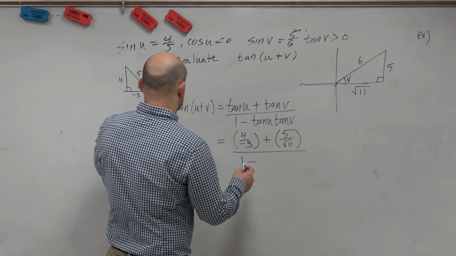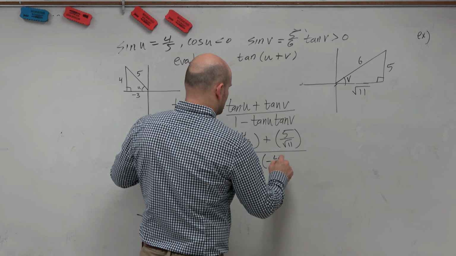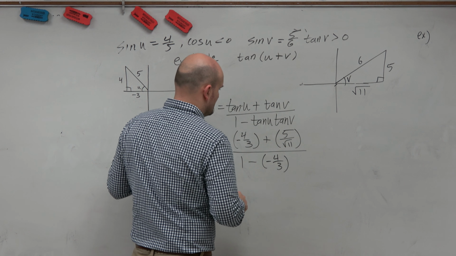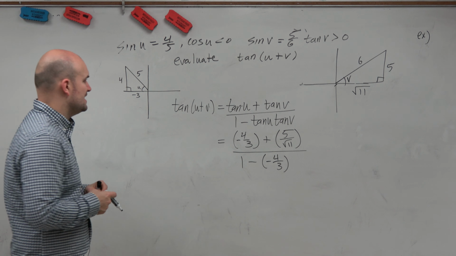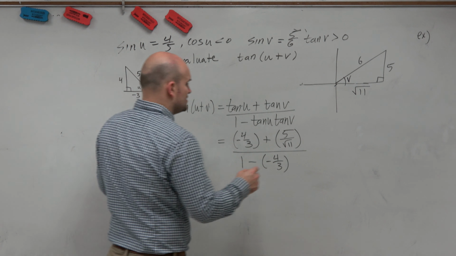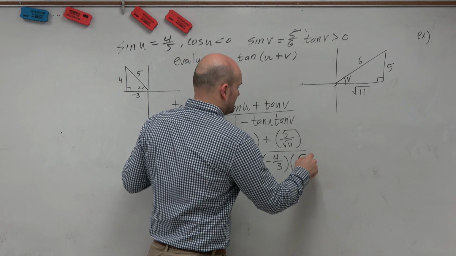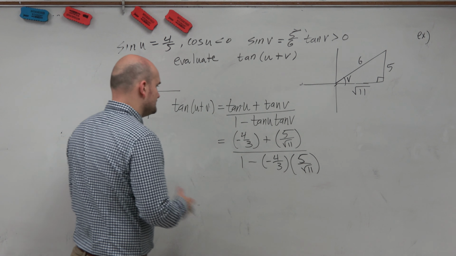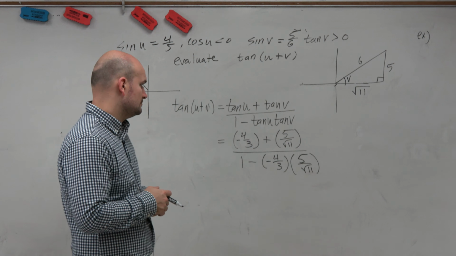Yeah, tangent of u, which is negative 4 over 3. Or let's just write this as a negative 4/3. And then times the tangent of v, which is 5 over square root of 11.